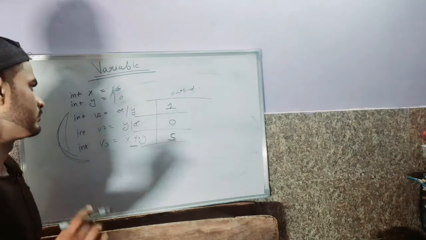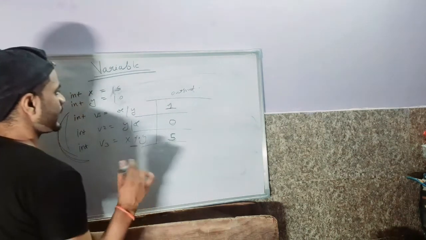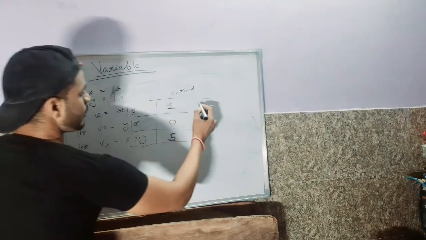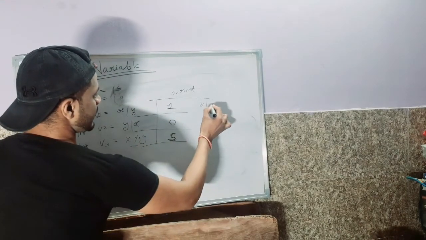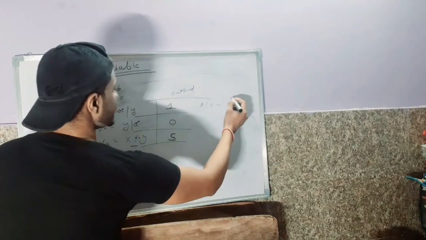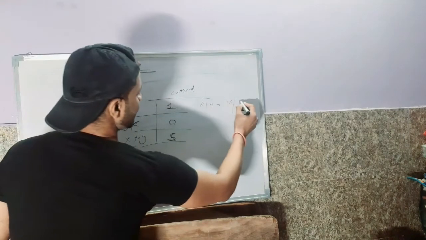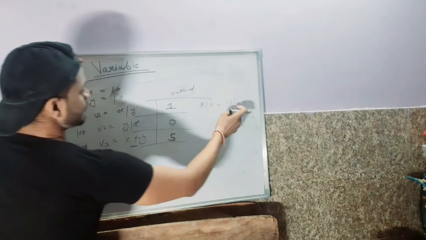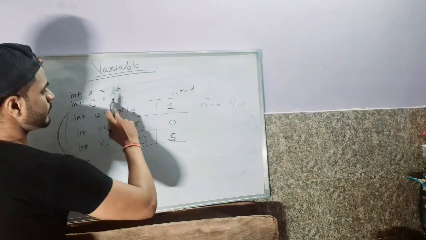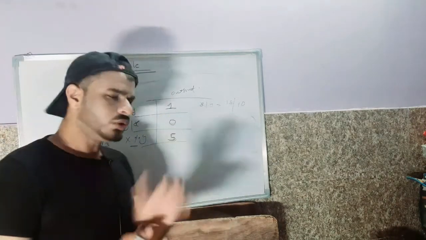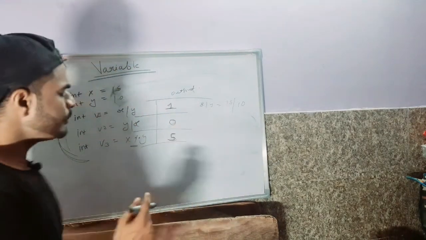These are the outputs. Now listen properly. x divided by y means the value of x is 15 divided by the value of y, 10. If we take a round off, then there will be 2.